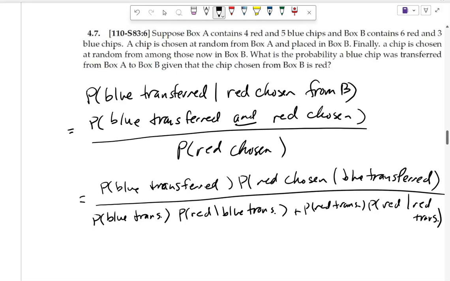You draw something from A, put it in B, then draw something from B. There's only two ways to get to the end. You either drew a blue one from A, put it in B, and then drew a red, or you drew a red from A and then put it in B. Those are the only possibilities, right? So we've broken it up into those mutually exclusive groups again, which is why we can add up the probabilities together. And then we're using our conditional probability formula to get us those and probabilities. Okay.